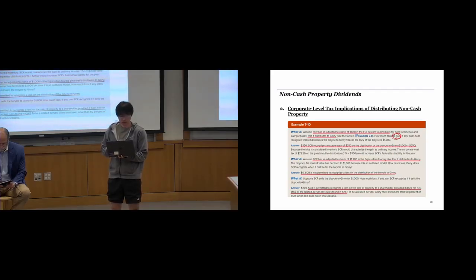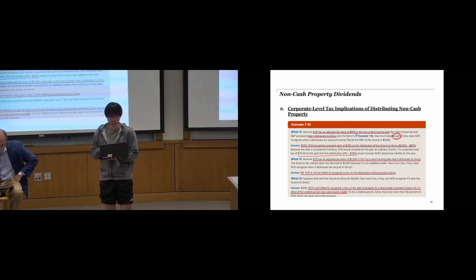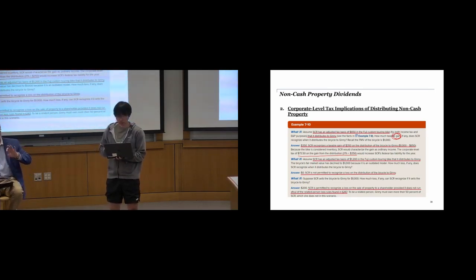And the corporate level tax of $73.50 on the gain from the distribution, which is the 21% times the taxable gain, would increase SCR's federal tax liability. Yeah, so that's just saying, if they would have sold this, that's the exact same result that would have happened, right? I sold a bike for $1,000. I have cost of goods sold of $350. The delta's taxed at 21%.